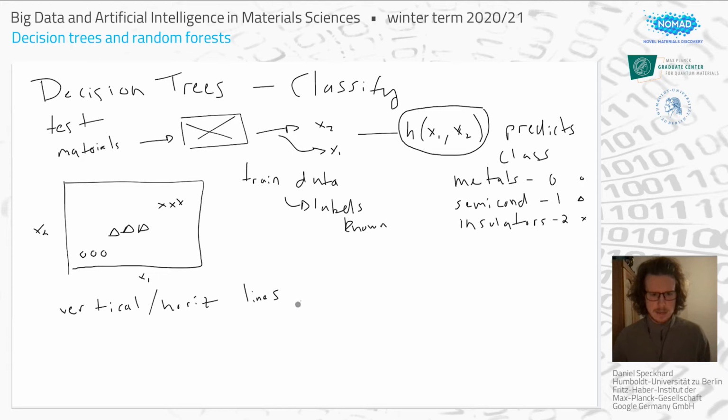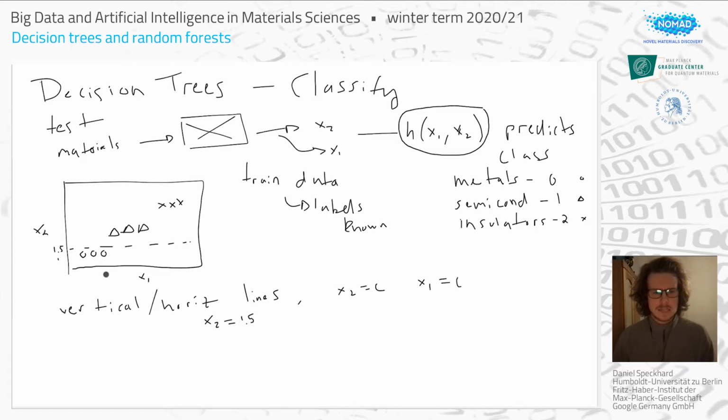Well, in math terms, we can either have terms like x2 is equal to c or x1 is equal to c, where c is a constant. So if we had numbers here, maybe this is 1, this is 1.5, values of x2, we could draw a line that says x2 is equal to 1.5. That would look like a line like that.